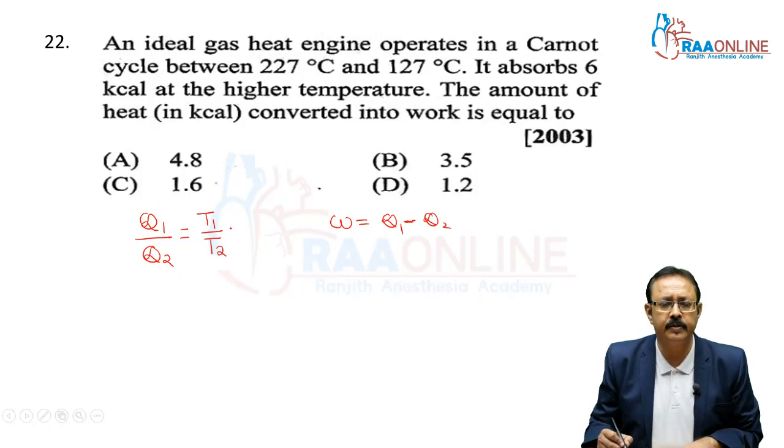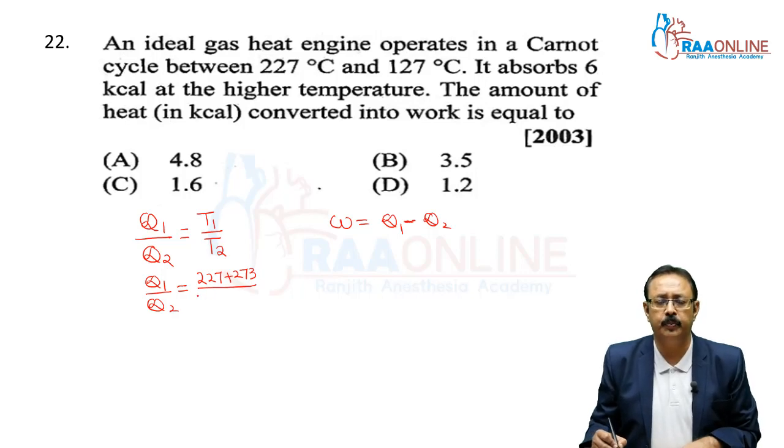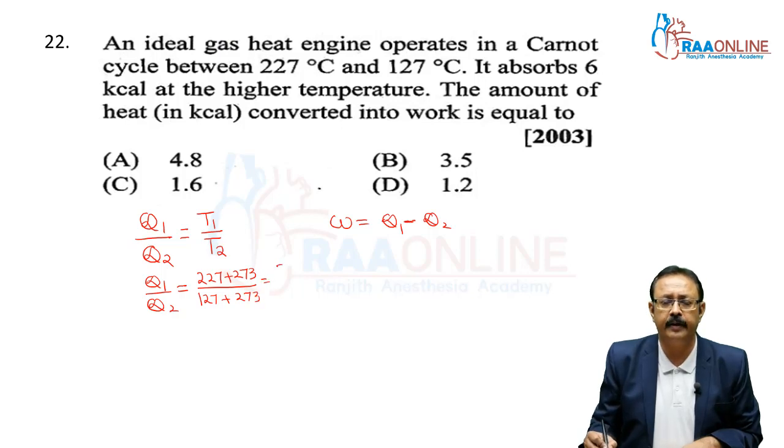So temperatures were given, so it was easy to calculate the value of Q1 upon Q2. What was T1? T1 was 227 plus 273. It should be in Kelvin. What was T2? 127 plus 273. It is 500 and it is 400.